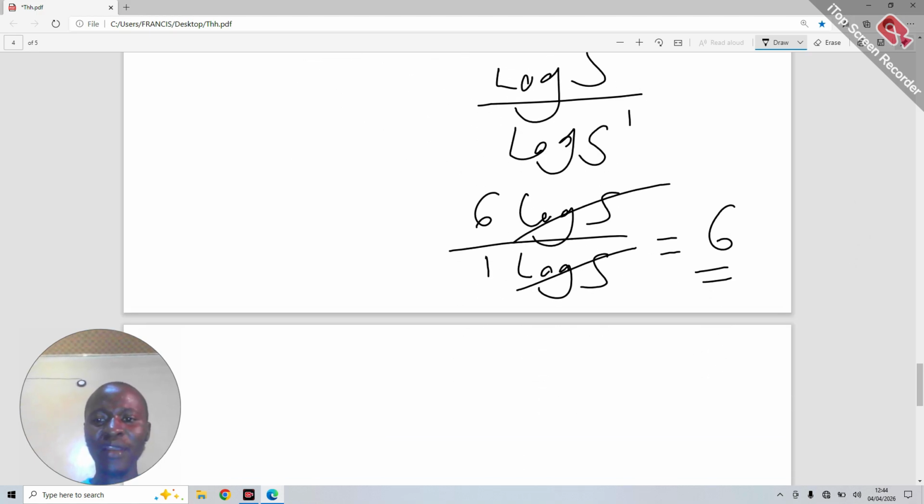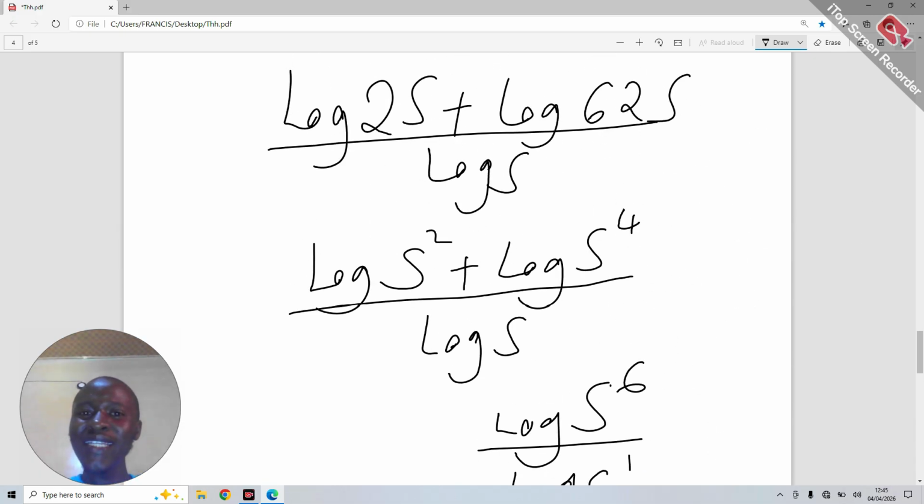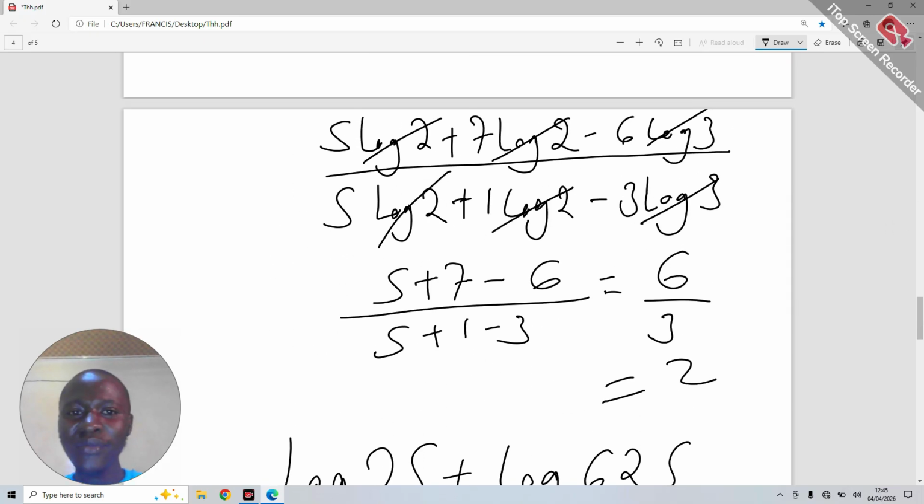But I asked one of the students why he was using this process in solving his question. It was a boys' school, and he told me, Francis, there's a difference between numbers and logs. Logs and numbers are different, so when it comes to logs we are not applying that of numbers.